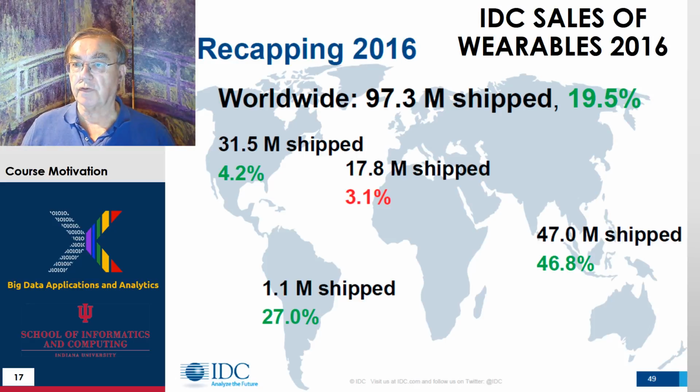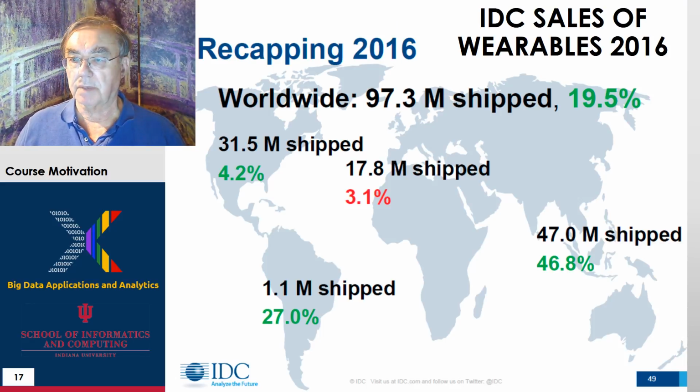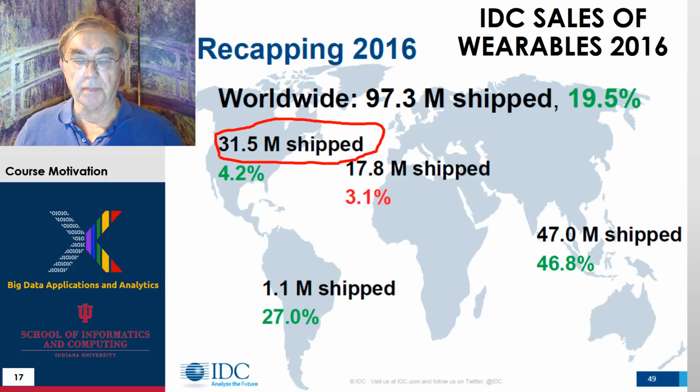So here is a chart from IDC of the sales of wearables. Let's ignore the percentages because they don't appear totally consistent. Maybe they have some significance which is not consistent with the numbers shipped, because obviously 31.5 million shipped to the Americas and 47 million shipped to China, India, etc. That's sort of plausible, but 31.5 is not 4.2% of 97.3 million. 47 is not so far off 46.8.